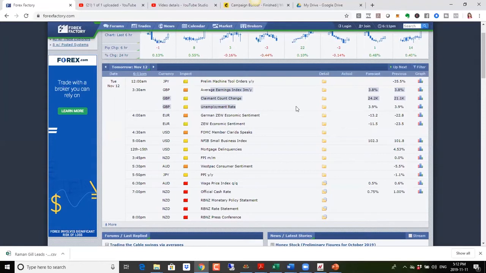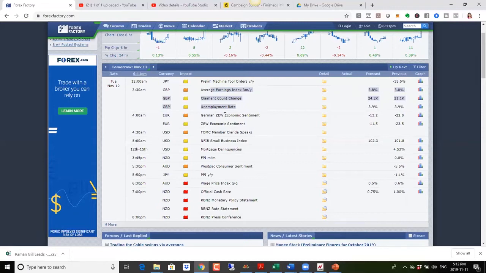There are actually two numbers we need to look at. One is just the employment data, how many people are employed, and also the average earnings. If the average earnings go down, that is also not good. So if the positive employment data comes out, but average earnings don't come out as good, then we could still see British pound go down. So keep an eye on that.